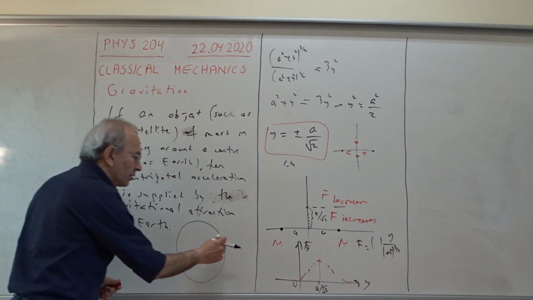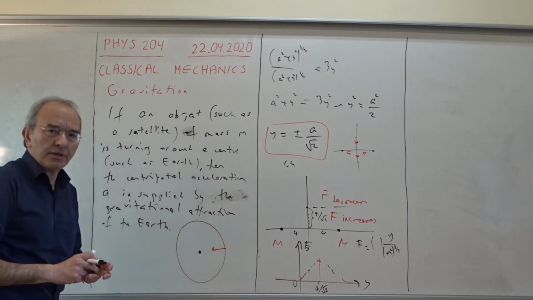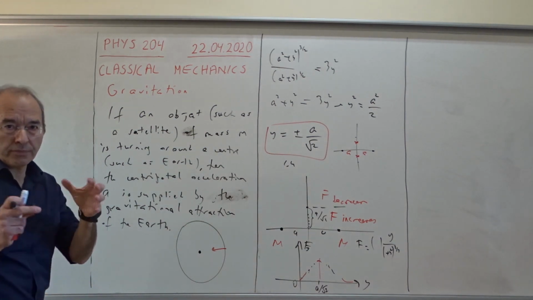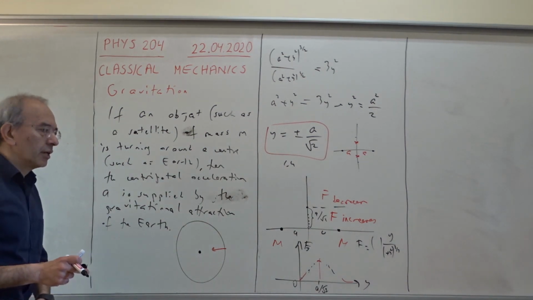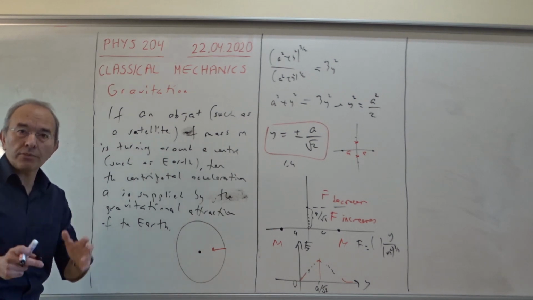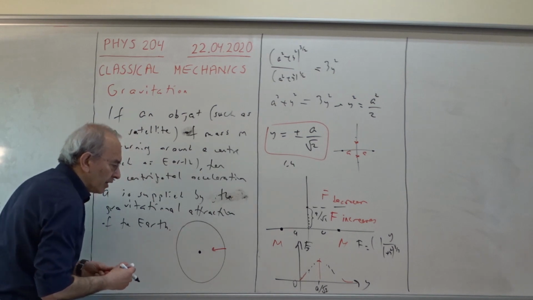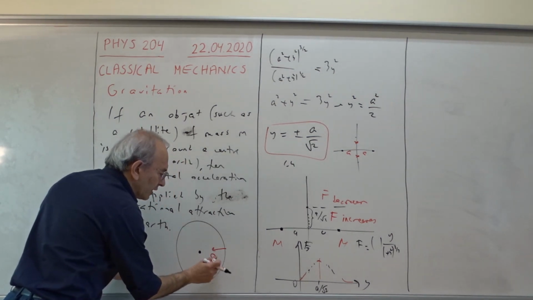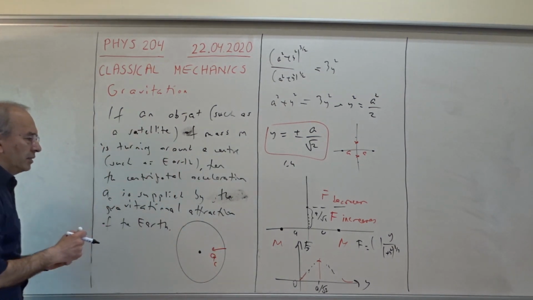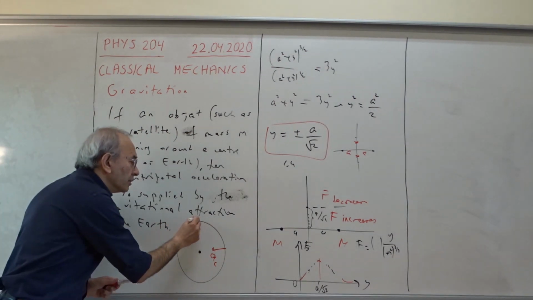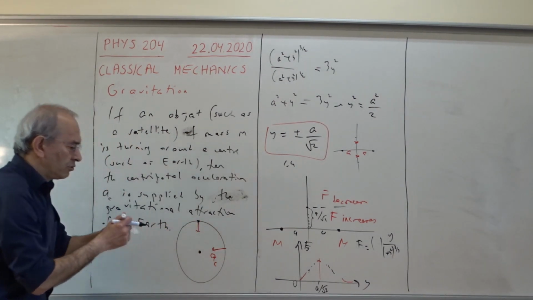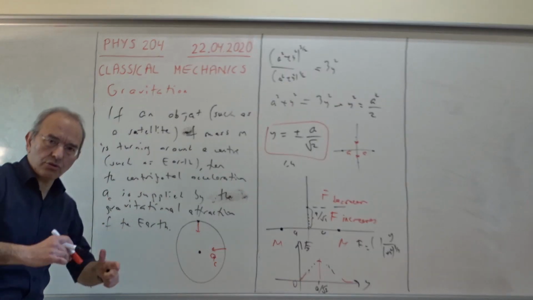I will talk about it when we come to the other chapter on non-uniform frames. We will have more to say about this. But here we say that the centripetal acceleration, wherever it is, and this is a horizontal circle, by the way.